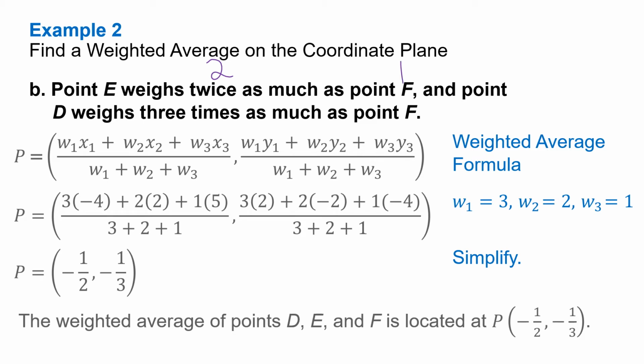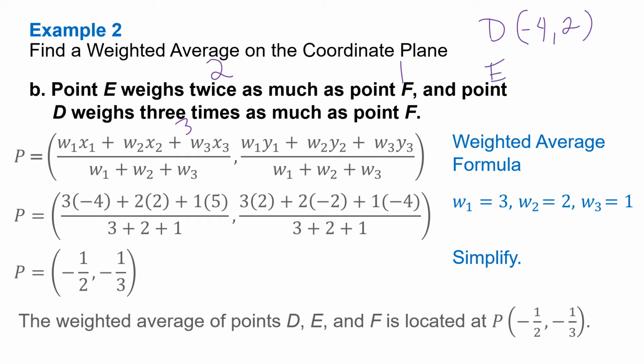Point E weighs twice as much as point F, so that means point E is 2, point F is 1, and point D weighs 3 times as much as point F, so D has a weight of 3. So W1 is 3, W2 is 2, and W3 is 1, because we're representing D, which was -4, 2.